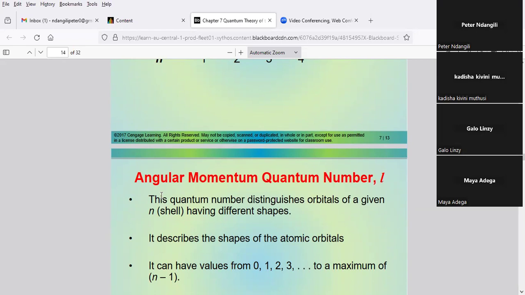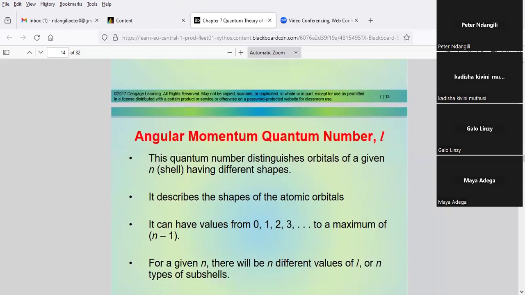In fact, this is the quantum number that gives us the shapes of the orbitals, the specific regions of space where the electrons are found, and also their names. So it describes the shapes of the atomic orbitals. And it can have values from 0, 1, 2, 3.